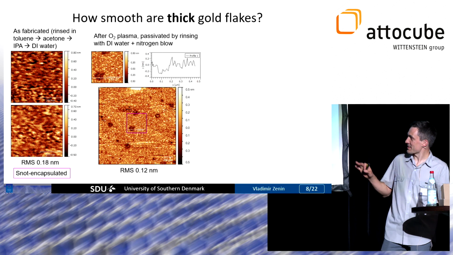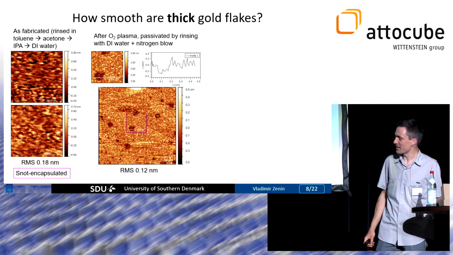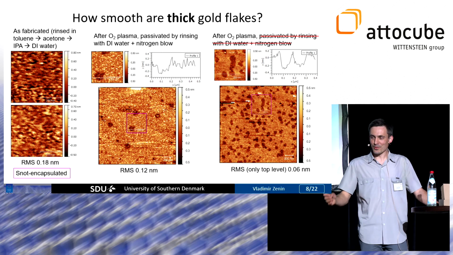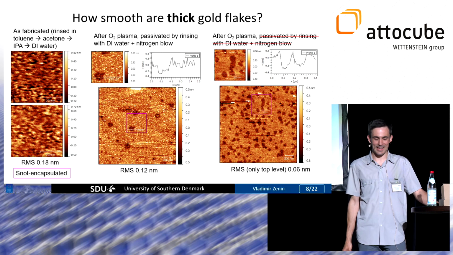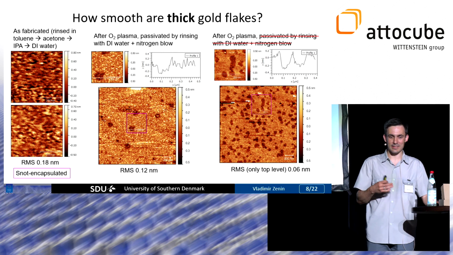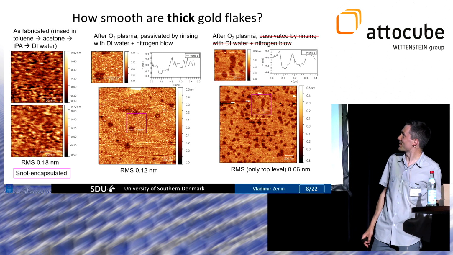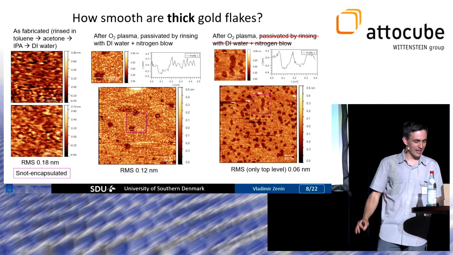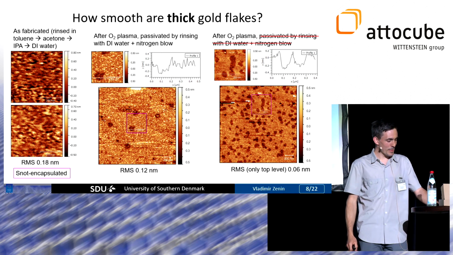But still, there are some small bright grains there. And then we learned that there is no need to rinse it with water. Actually, you should take it directly from the plasma cleaner and put it in the IFM. And finally, we got a nice picture where you see atomic steps of gold without any big contaminations.